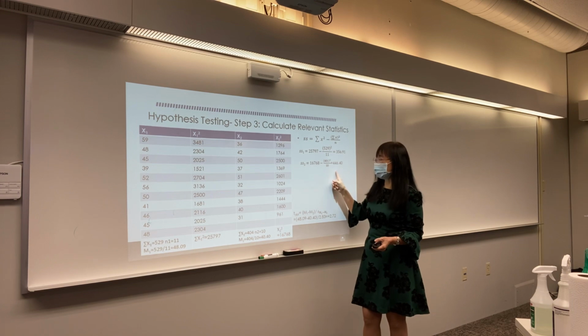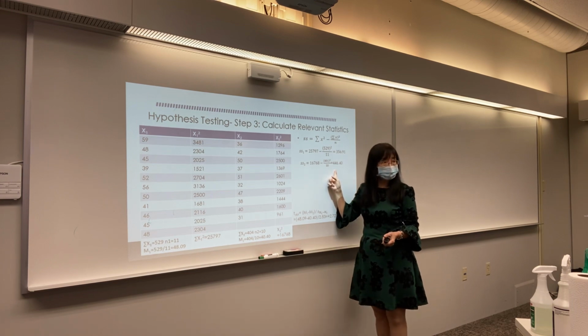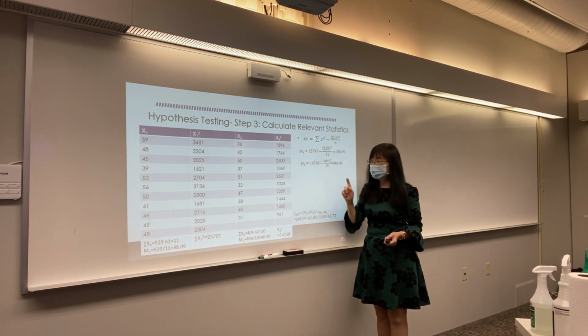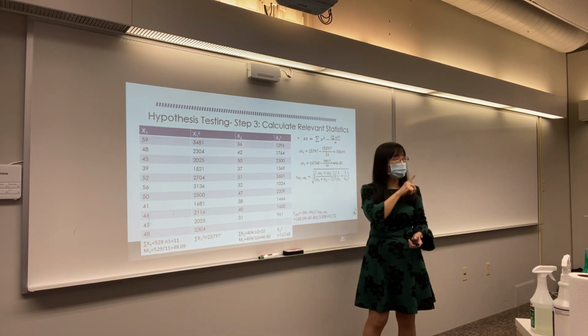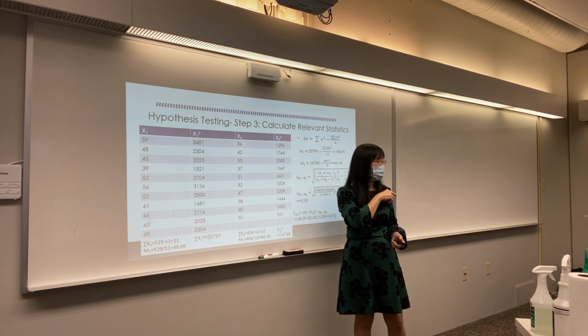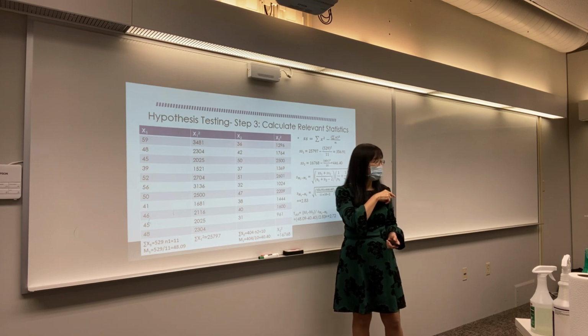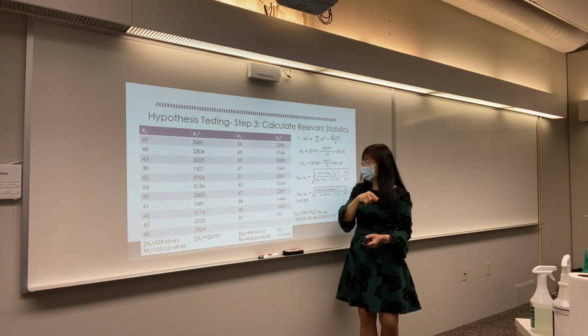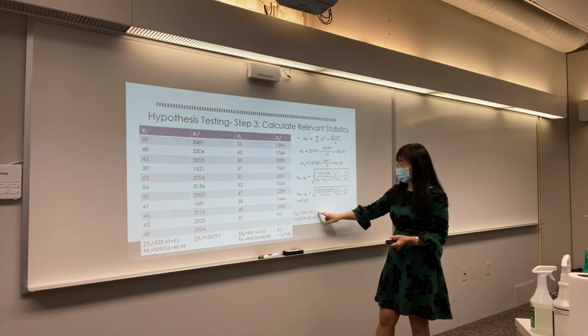Then you got your second sum of square, right? Then you put them inside, and then you got this number, and then you got this number. Okay, now this one is divide.